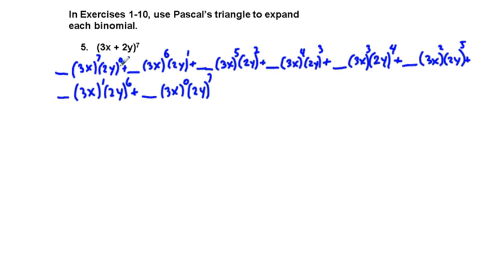So we should have 8 terms total. 1, 2, 3, 4, 5, 6, 7, 8.